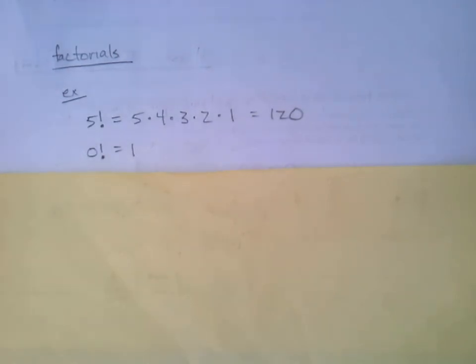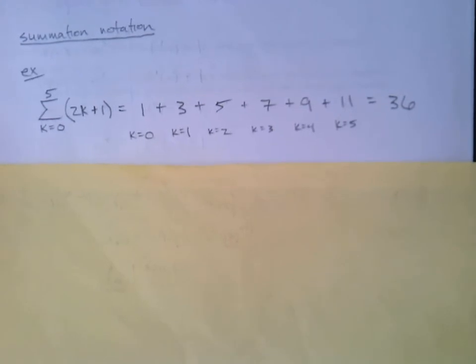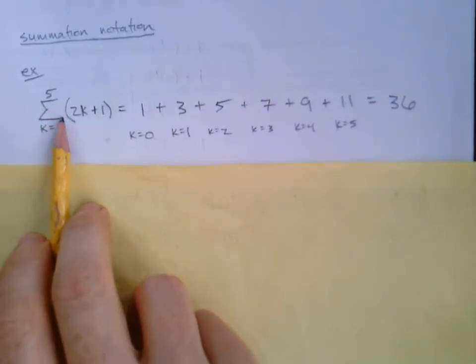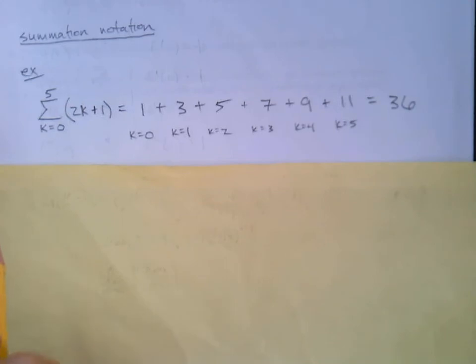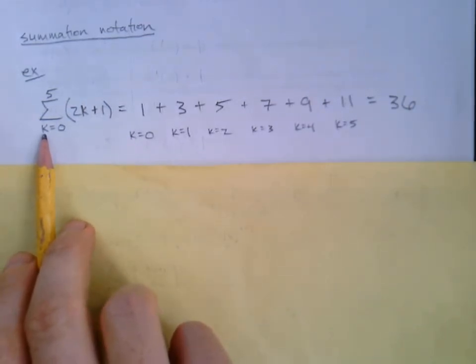Okay, the last part of our review, our prereqs, is summation notation. I'll give you an example here. Again, in an algebra course, sequences and series, you may have seen this giant Greek letter sigma. Below the sigma, you're given some variable.